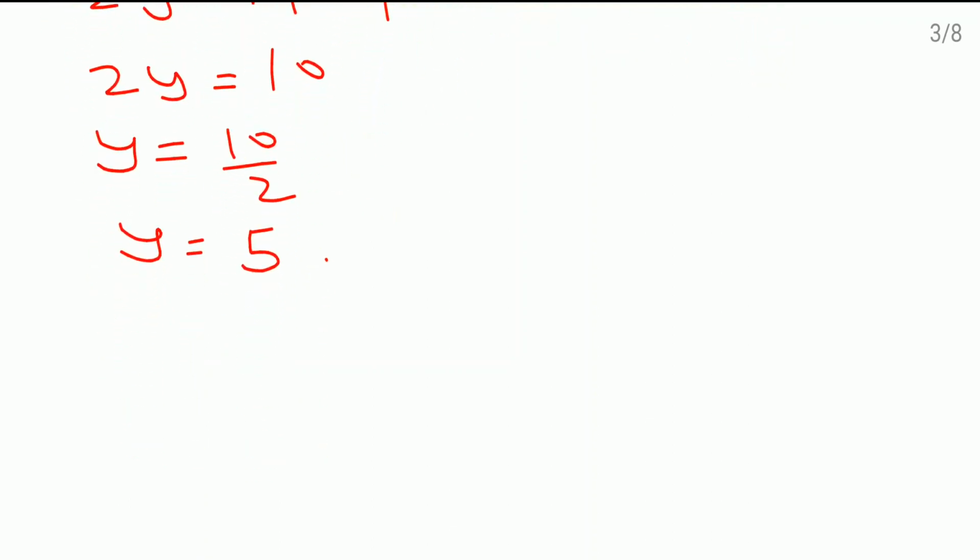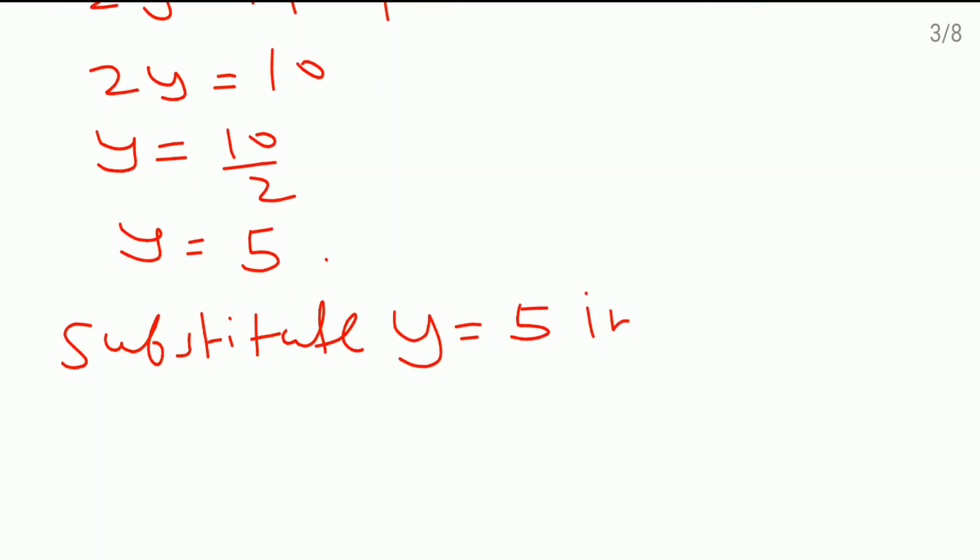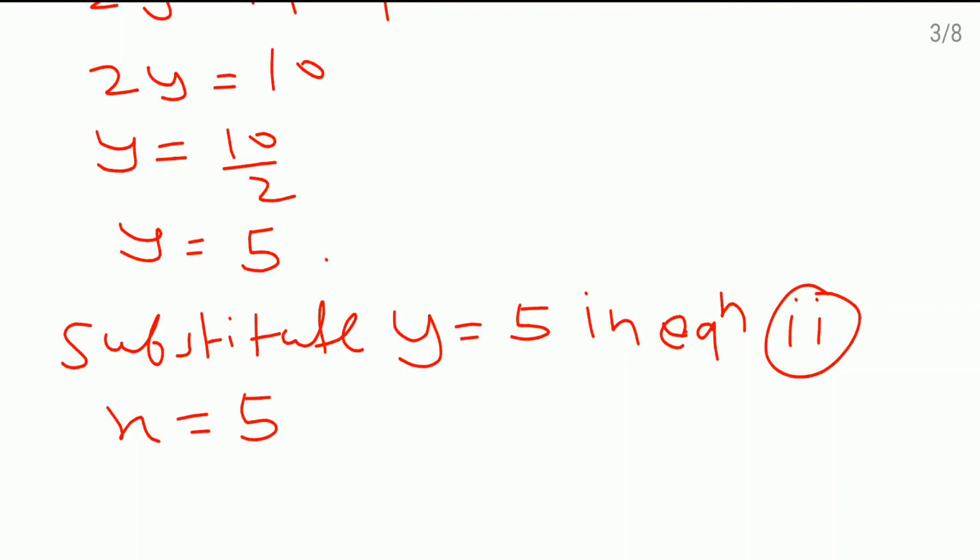I'll substitute this y. Here I'll write: substitute y equal to 5 in equation 2. In equation 1 also you can substitute, but see the easier one. Equation 2 is x equal to y plus 4.